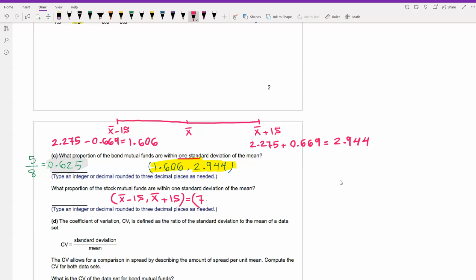So we have 7.913 as x bar, minus standard deviation 0.903. And here on the right side we have to add.